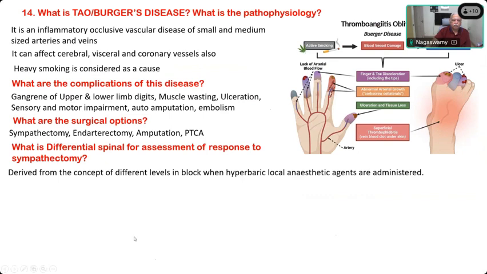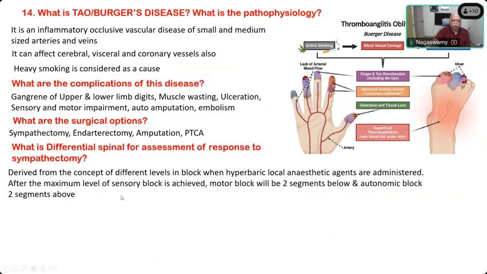So this differential spinal is derived from the concept of different levels in block when hyperbaric local anesthetic agents are administered. After the maximum level of sensory block is achieved, motor block will be 2 segments below and autonomic block 2 segments above.